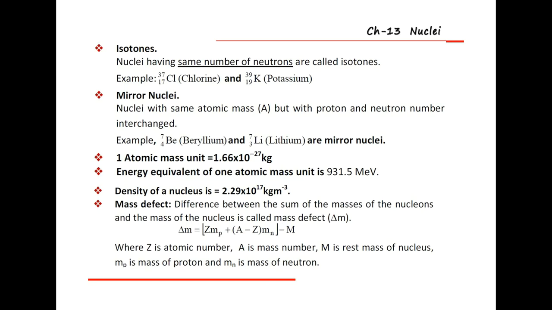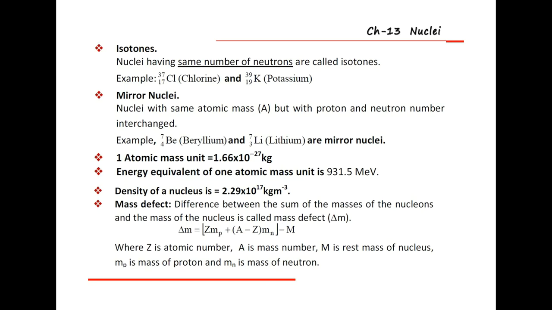Next, one atomic mass unit is equal to 1.66 into 10 raised to minus 27 kg, and the energy equivalent of one atomic mass unit is 931.5 mega electron volt, that is 931.5 MeV.